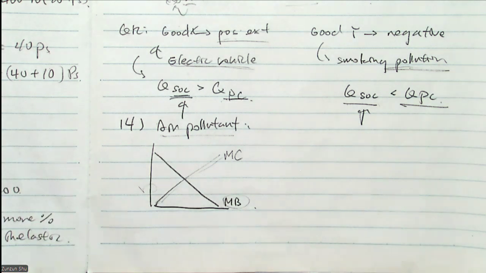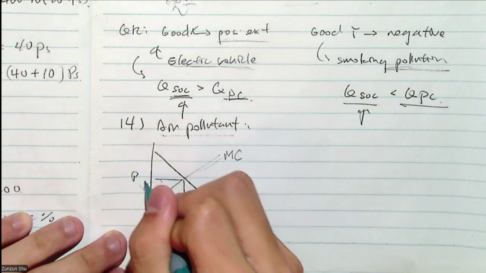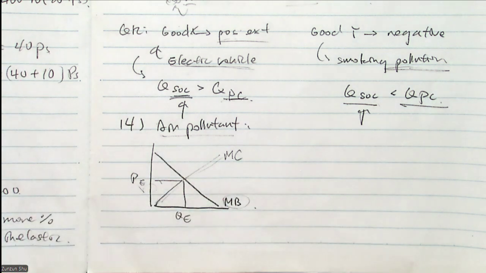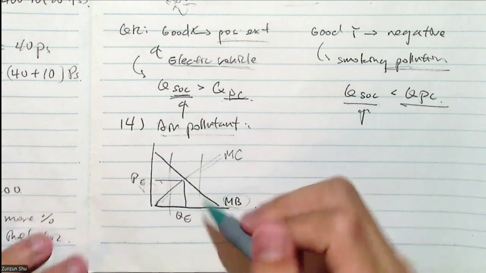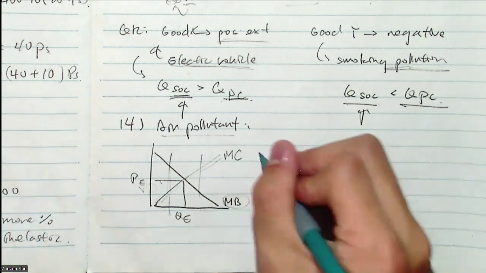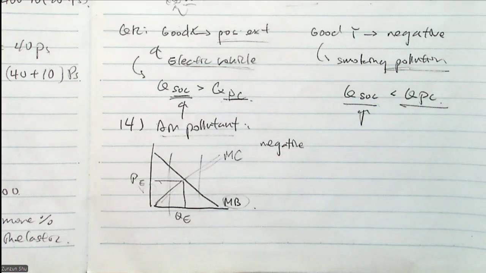Now, we are saying this is a negative externality. By the way, this is our P equilibrium, and this is our Q equilibrium. Would you expect the socially optimal quantity to be left or right of this Q, if this is a negative externality? You would expect it to be left, because you want less quantity.